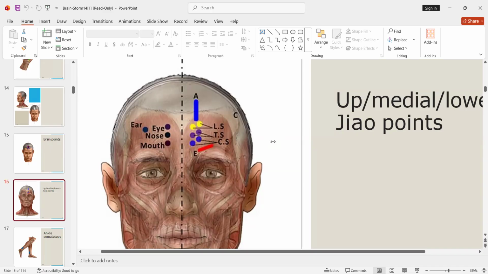Because lateral to the eye point, there is the lumbar spine for back pain, spondylosis, and all. And when you are using the front point, then it is for abdominal and lower limb problems. Same as the thoracic spine and cervical spine. For the front body, you use the medial side point.